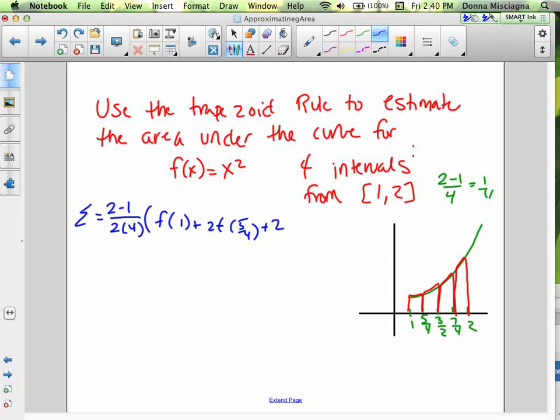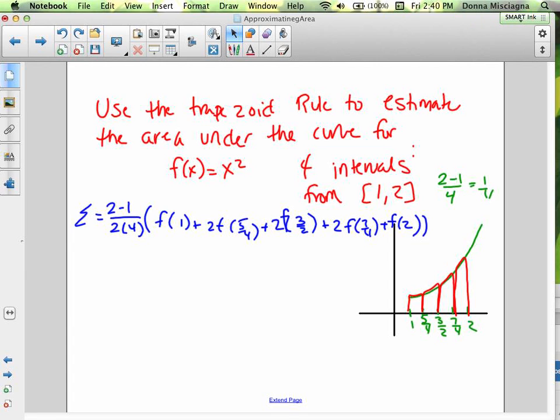Plus 2 times f of 3/2, plus 2 times f of 7/4, and then plus f of 2. Right, and then we'll plug in the values, and we'll get our answer.